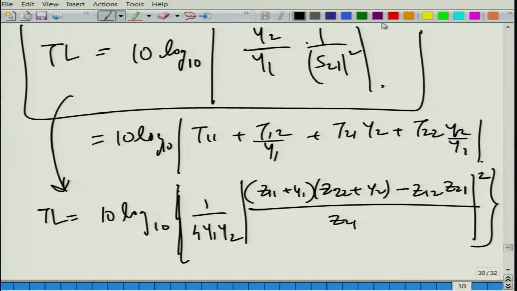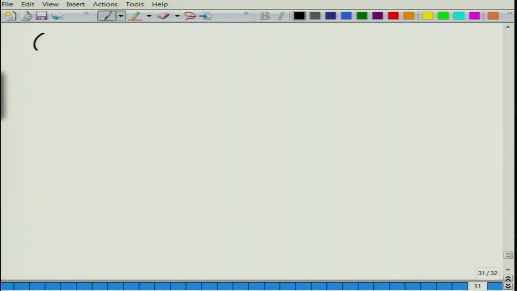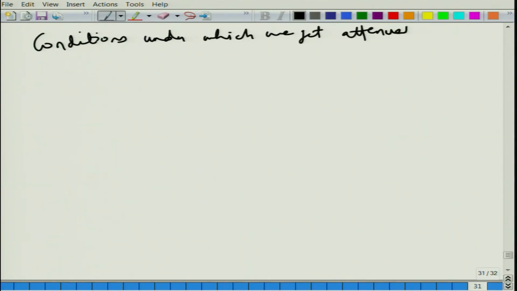So, clearly there are different conditions under which we will get attenuation peaks or troughs.